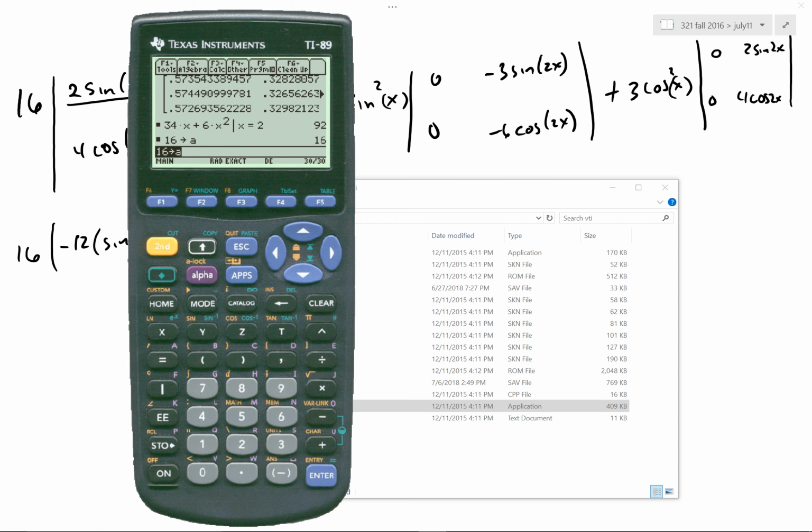And then the next one, 2 times parentheses sine of x squared, and then store alpha b. And then 3 times parentheses cosine of x squared, store alpha c. Nice.